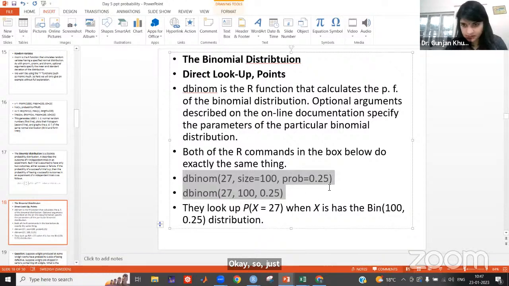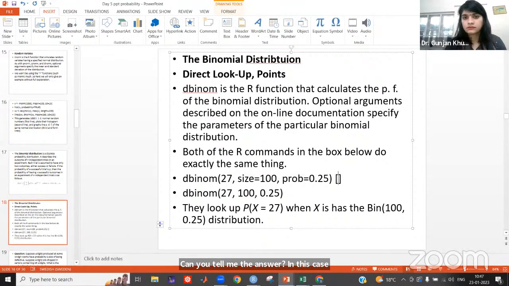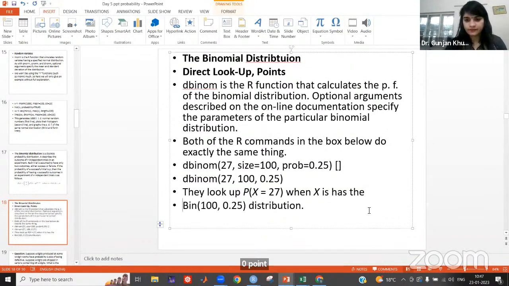Can you tell me the answer in this case? We look up P of X equal to 27, when X has the Bin distribution. Bin means binomial.